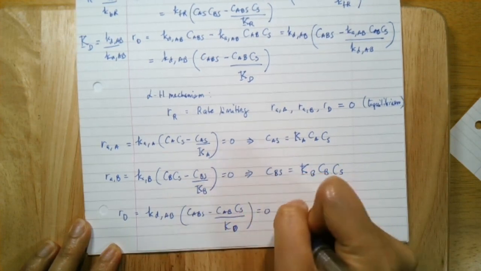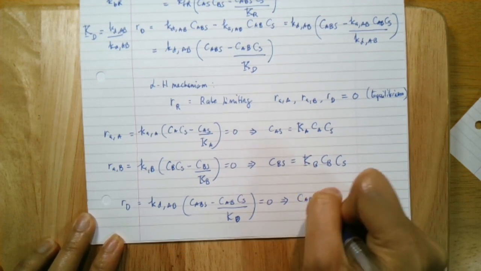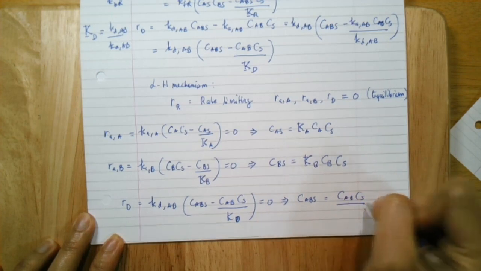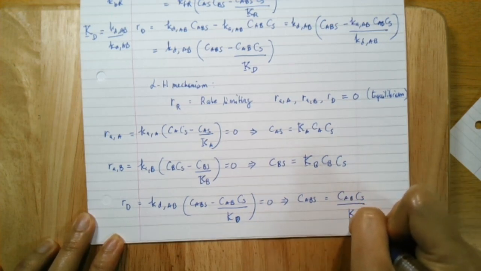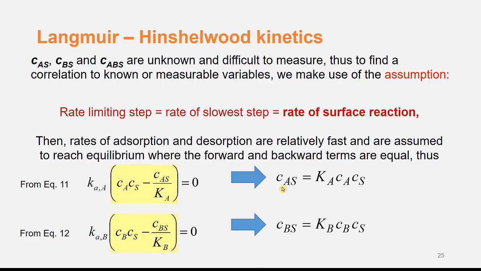This is equal to 0, so we can therefore solve for CABS, which is equal to CAB, CS all over KD. Here are the surface concentrations in terms of the bulk concentrations.